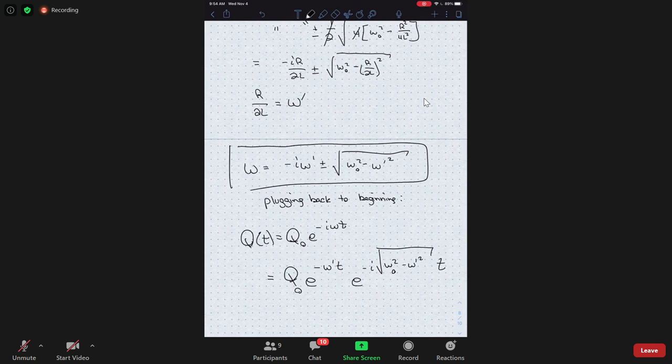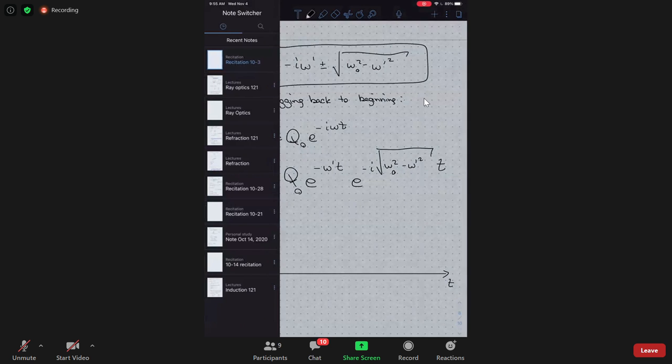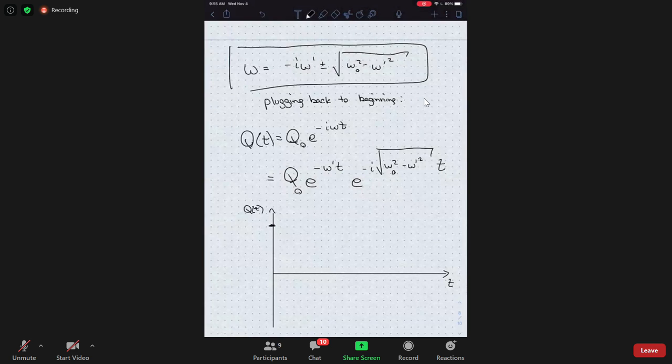So what does this mean? This means that if I were to plot this as a function of t and Q of t, we know that originally it starts at Q naught. And here's minus Q naught.